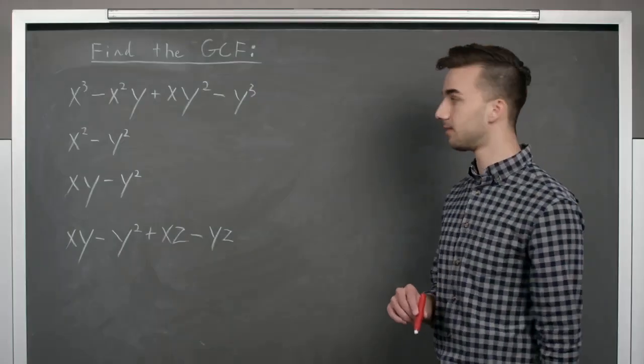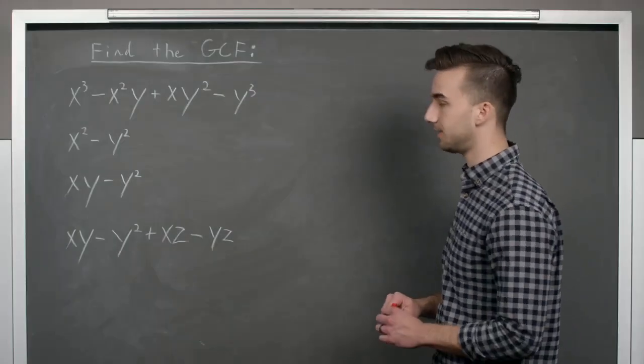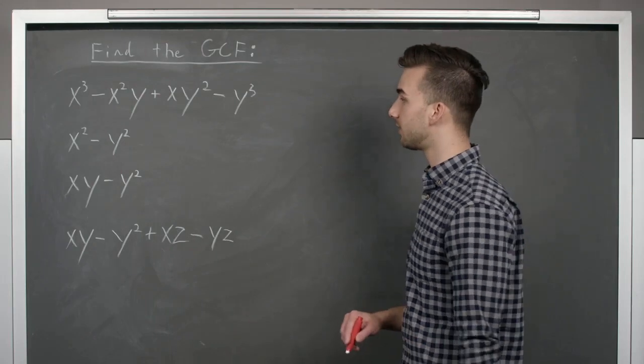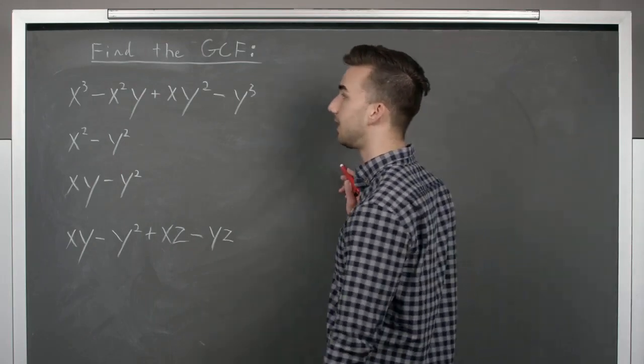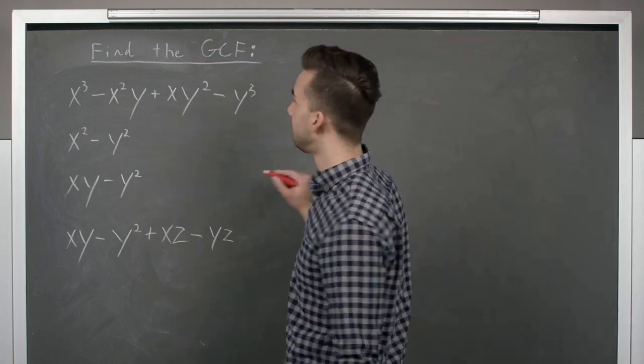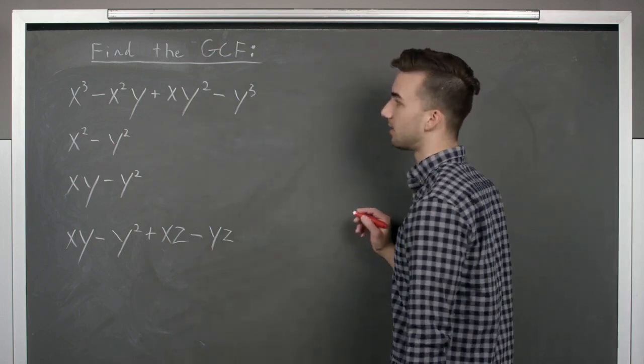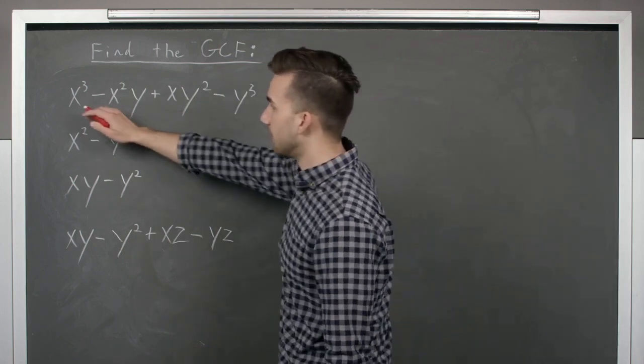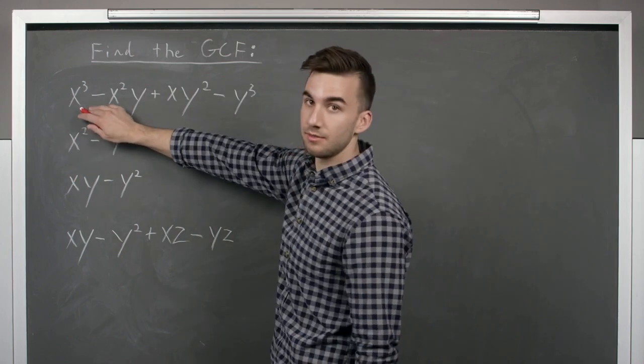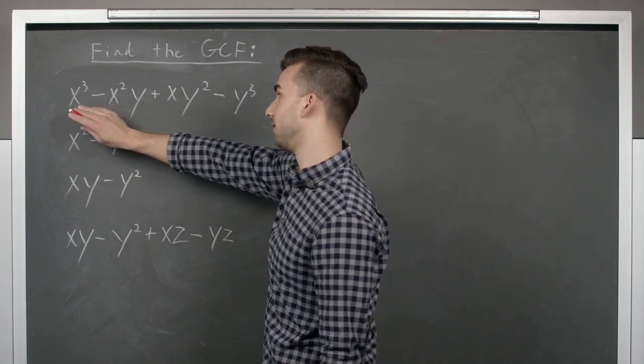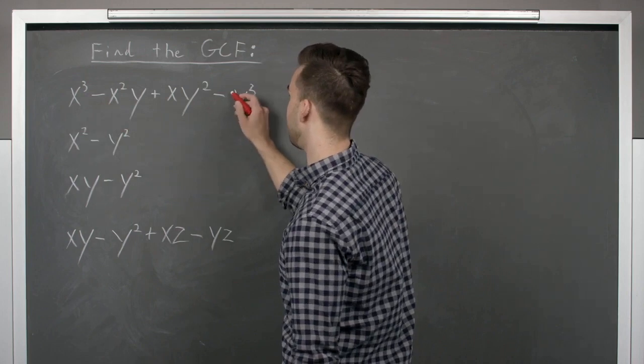Here's another example. Let's see if we can find the greatest common factor. So let's start with our real numbers. It looks like the lowest one we have is a 1. And then for our variables, let's do our x. Lowest value or lowest exponent of x is 0.